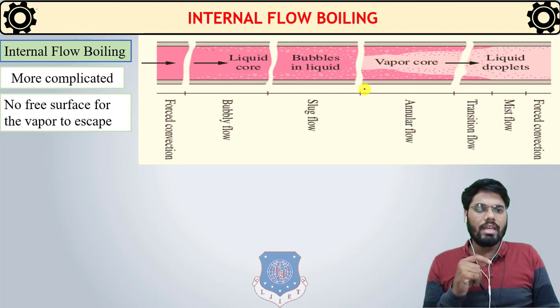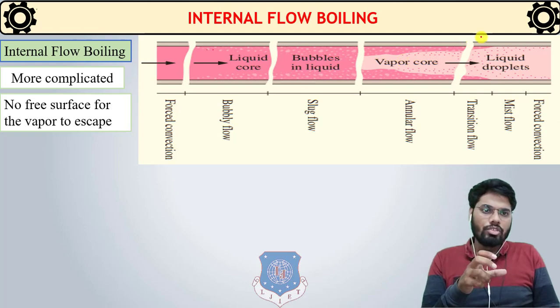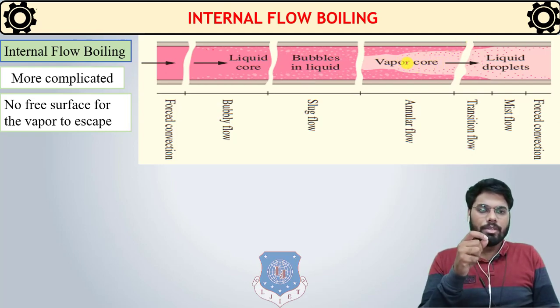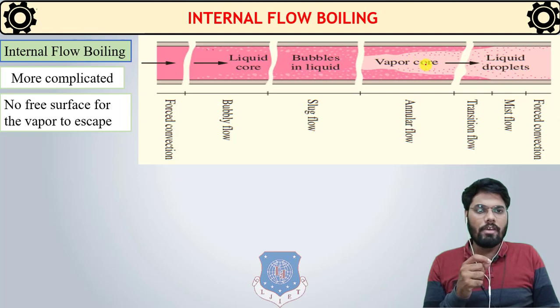After some length, we can see a number of bubbles coming to the mainstream, and due to the greater vapor content, there is mostly vapor at the center of the pipe and liquid only near the surface of the inner wall. So it is mostly vapor in the core with liquid in the annular area. This flow is known as annular flow.